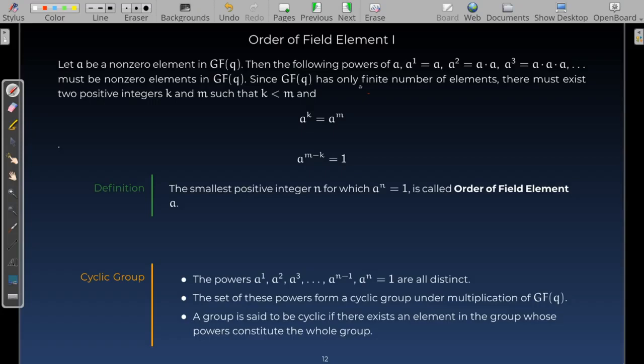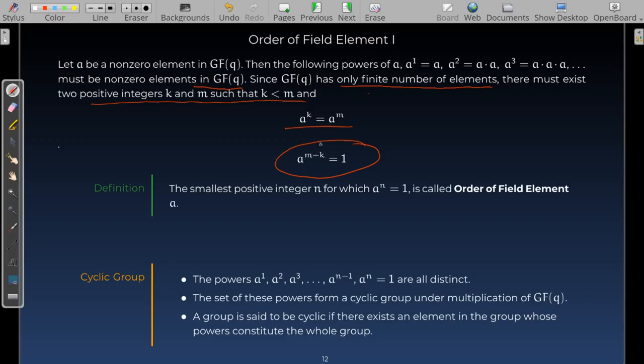The non-zero elements of the field are closed under multiplication, so this must be all non-zero elements in GF(q). Since GF(q) has only a finite number of elements, there must exist two positive integers k and m such that a to the power k is equal to a to the power m. That means that a to the power m minus k is equal to 1.